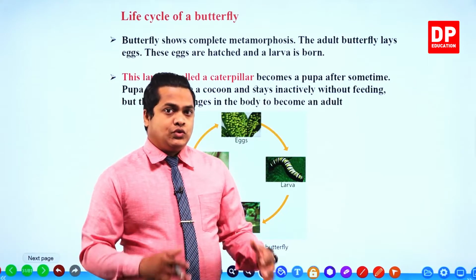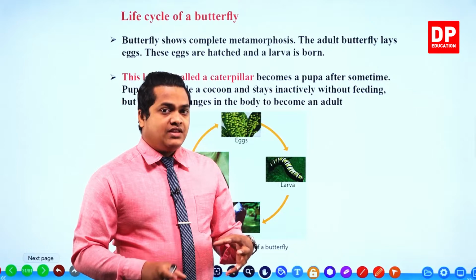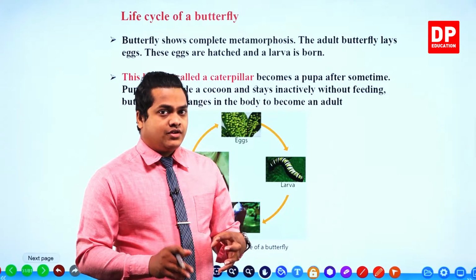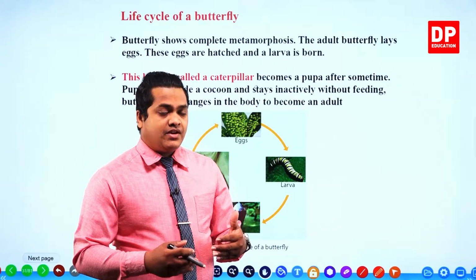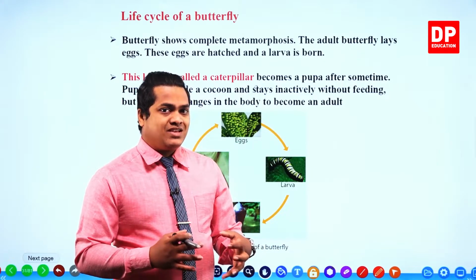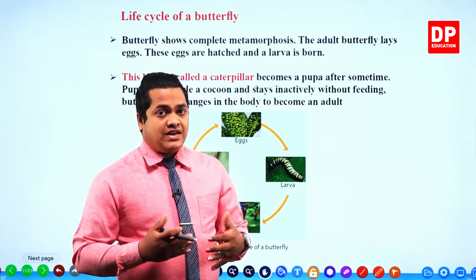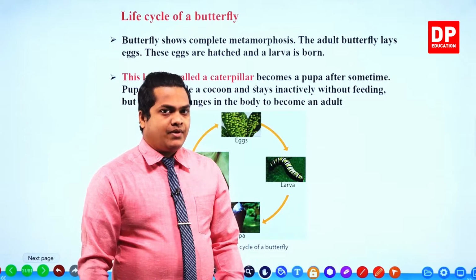Within the pupal stage, several changes are going to happen.